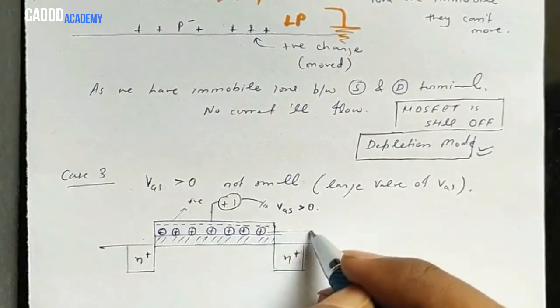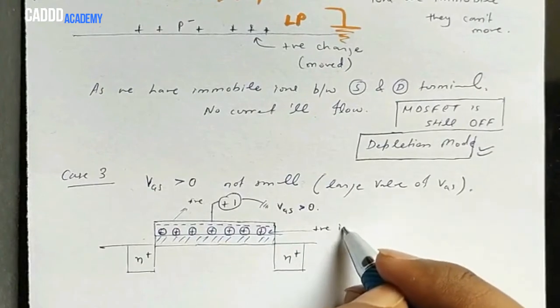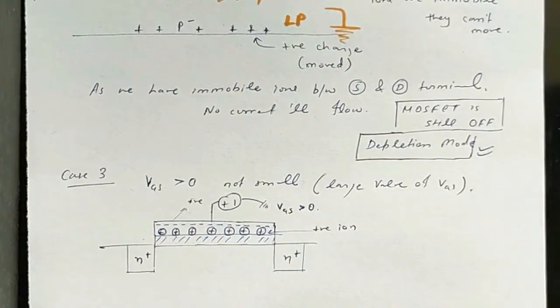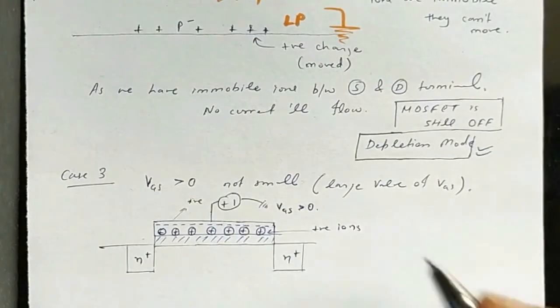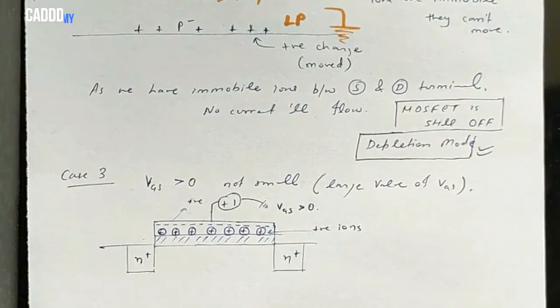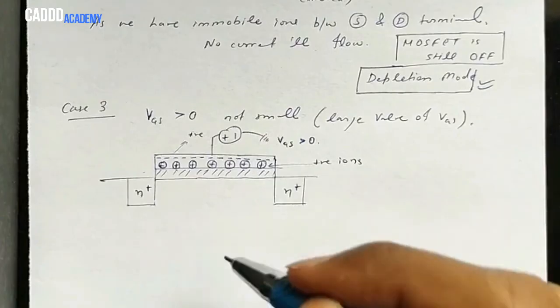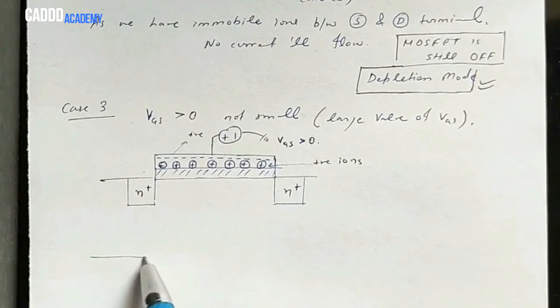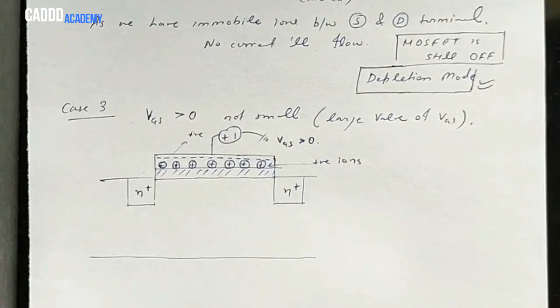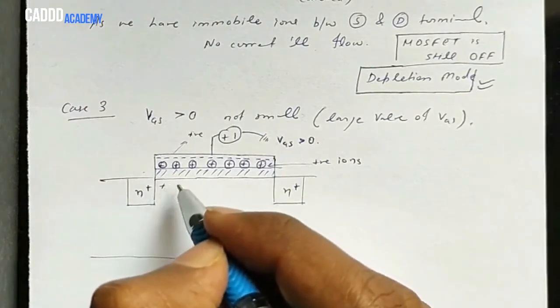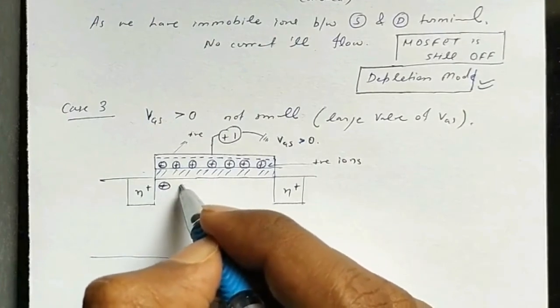The same phenomenon happened in case 2, but this time negative charge is attracted towards the positive terminal. Now I am drawing the base. And here we will have negative ions like this.